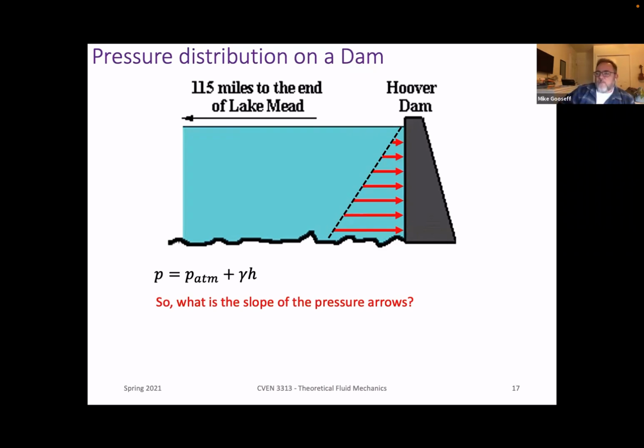What's the slope of that? One way to look at P atmospheric plus gamma times H is to say that we are looking at y equals mx plus b, where x in this case is some other factor that we care about.